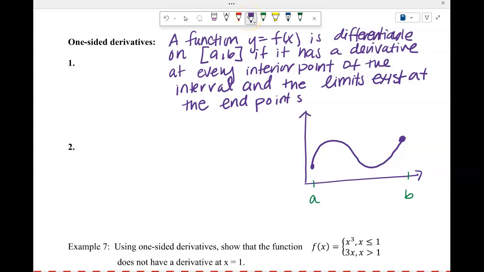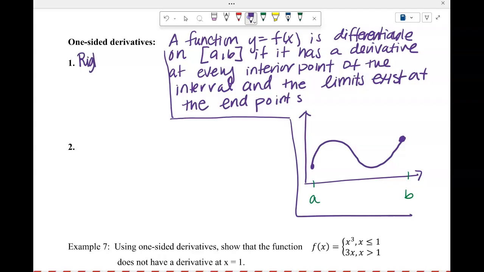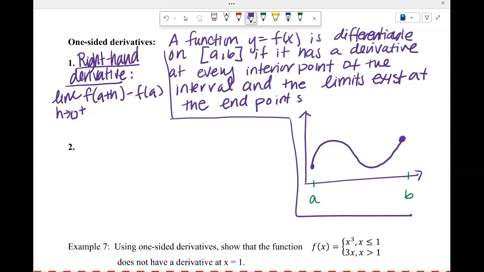So let's talk about the right-hand derivative. Okay, so let me just make this box over here. Right-hand derivative. The limit as h is approaching 0 from the right, of f of a plus h minus f of a all over h.